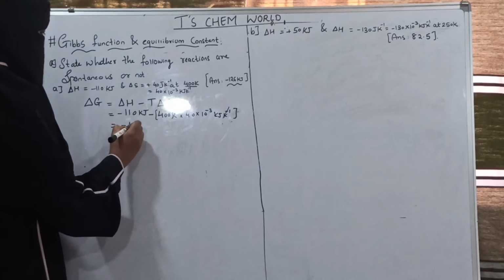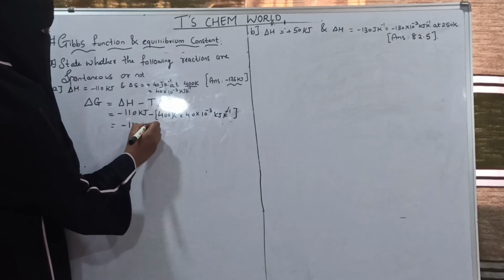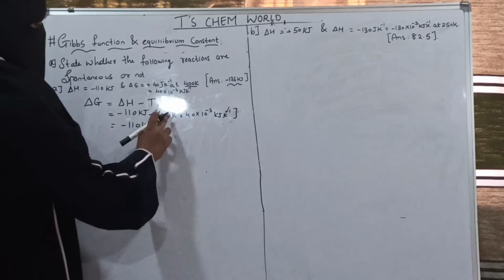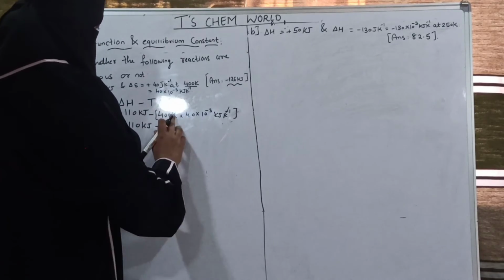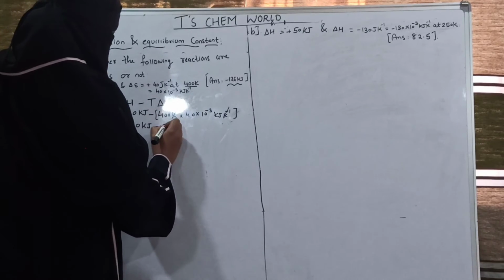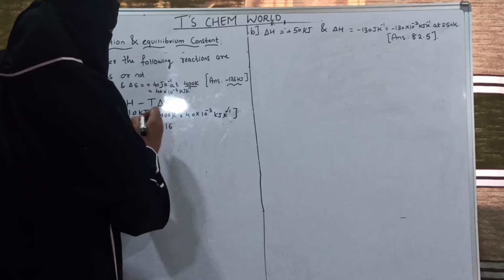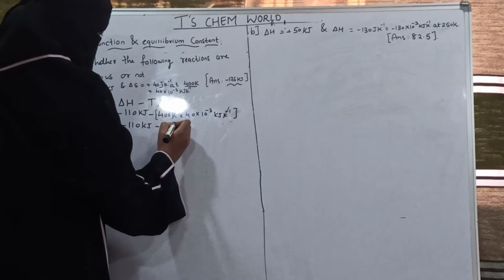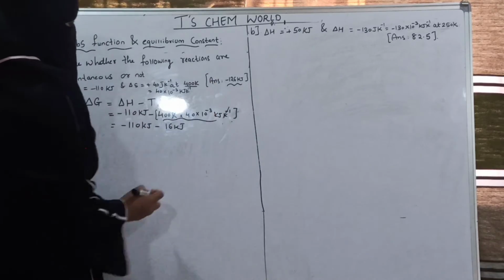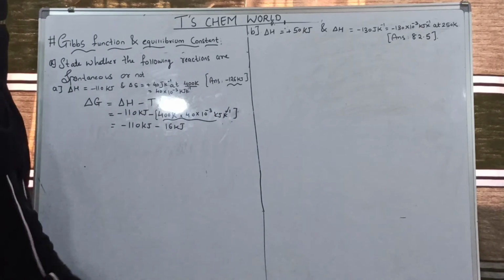So minus 110 kilojoule minus 400 into 40 into 10 raised to power minus 3, which is 16 kilojoule. When we multiply all these terms, we get 16 kilojoule.